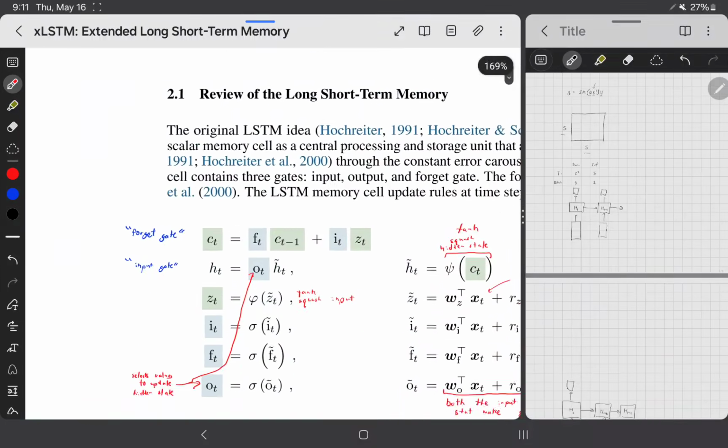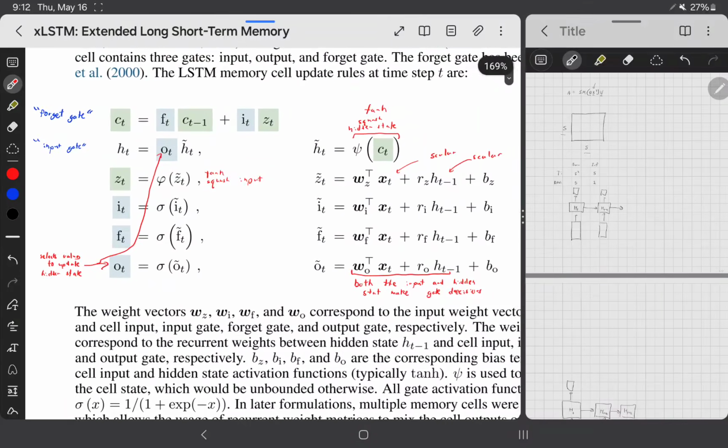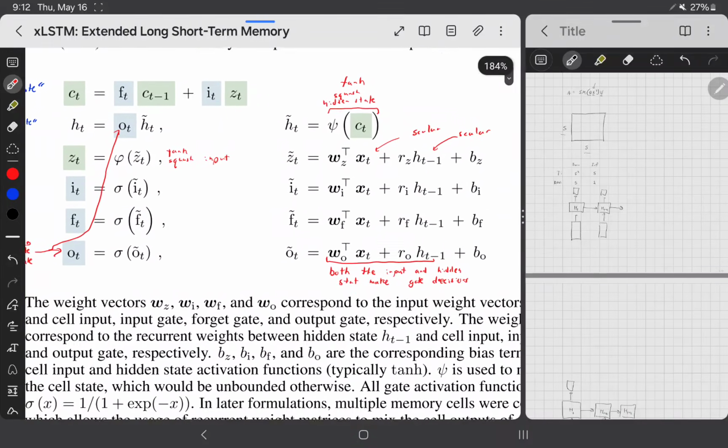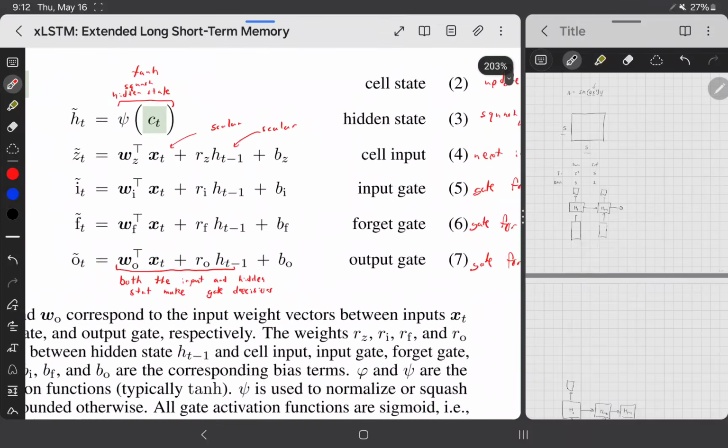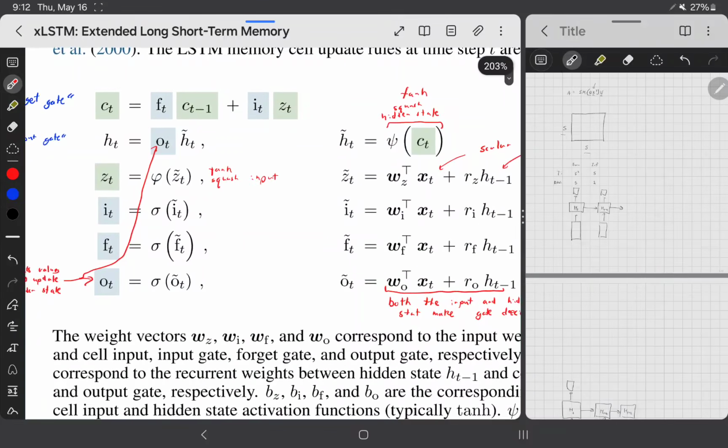That's how you can think of this. So I guess we could start over here. The input here doesn't directly go into the hidden state. C is the hidden state you usually think of.